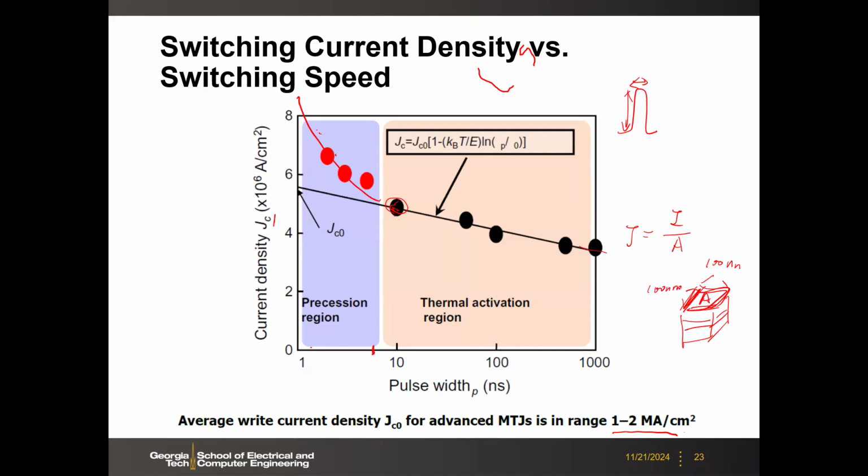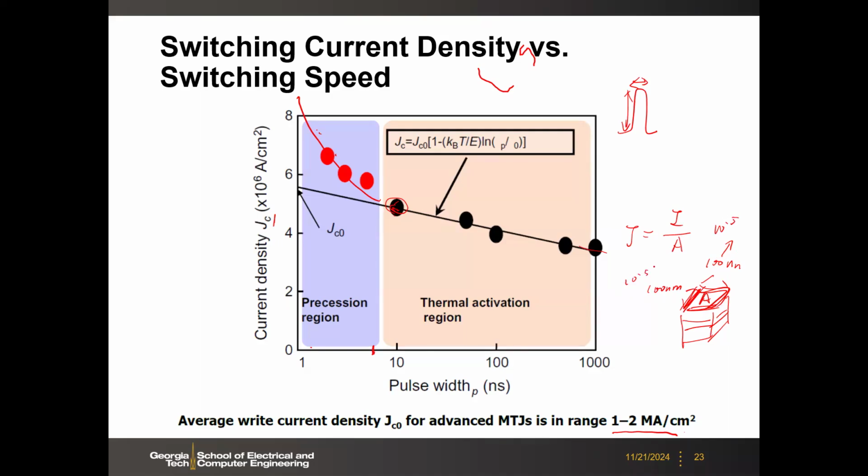If it's 100 nanometer by 100 nanometer, you can calculate the current. So you have to convert to, let's say, centimeter. Nanometer to centimeter is 1e minus 7, right? And then this will be 1e minus 5 and 1e minus 5, right?